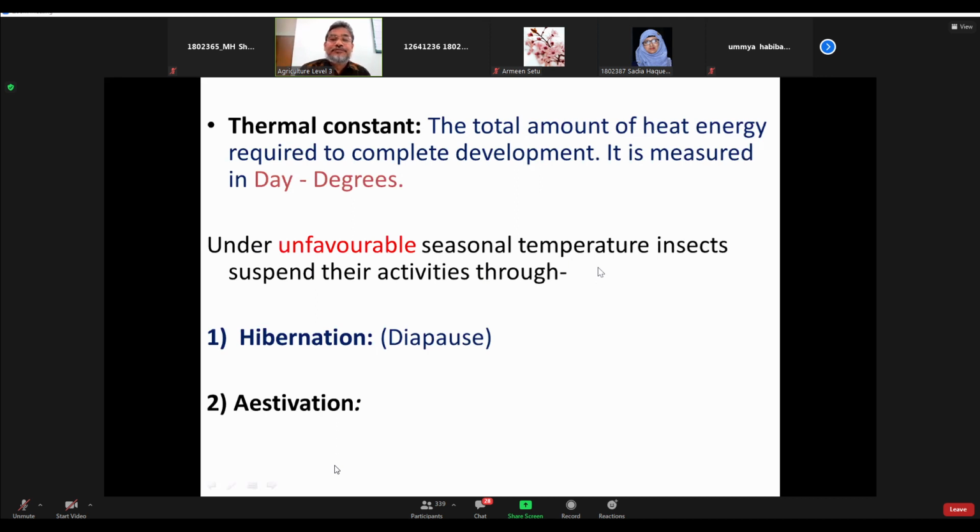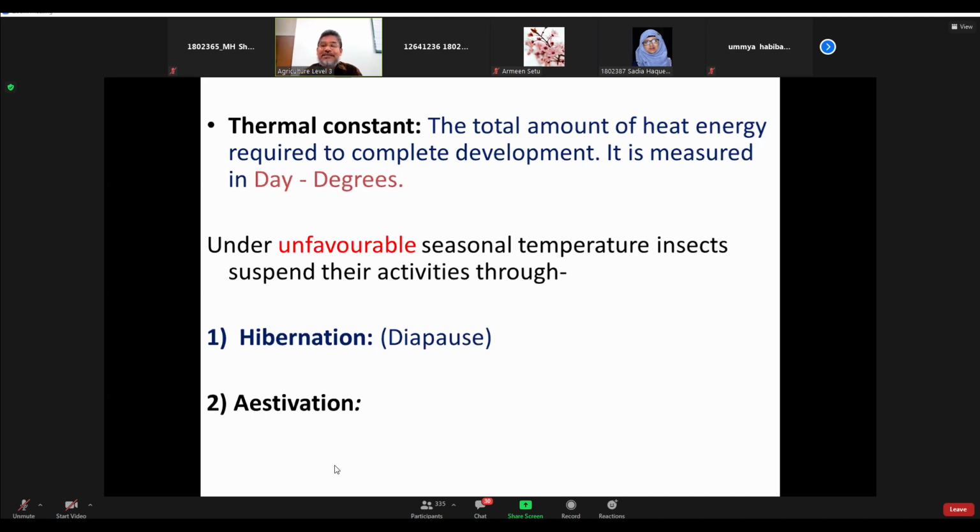Come to what happens when the temperature goes too low or too high. This is the unfavorable temperature for the insect, so the insect shows some changes in its activities.